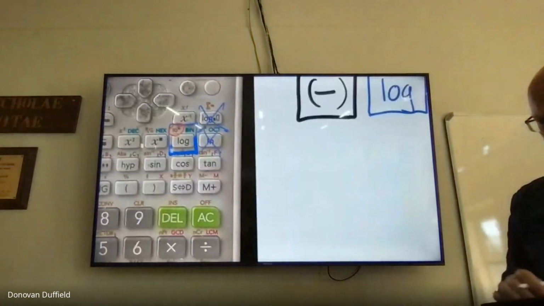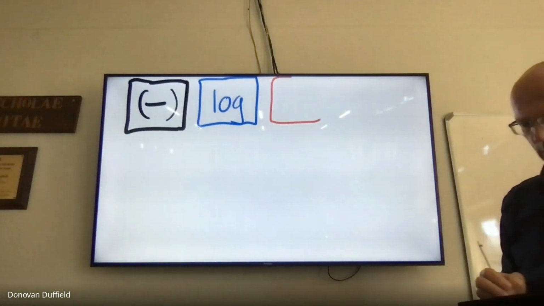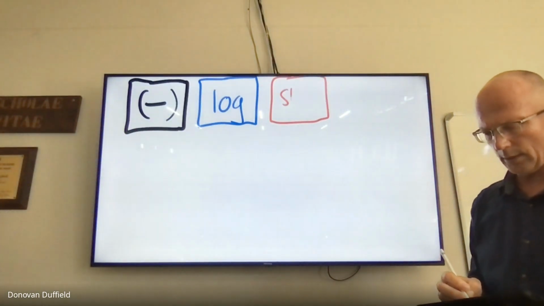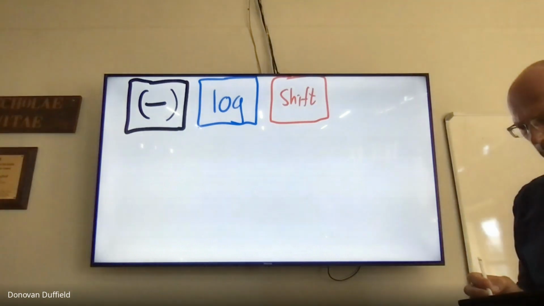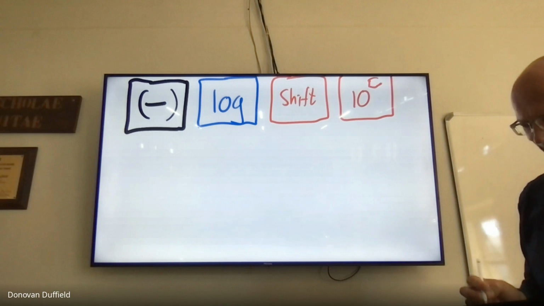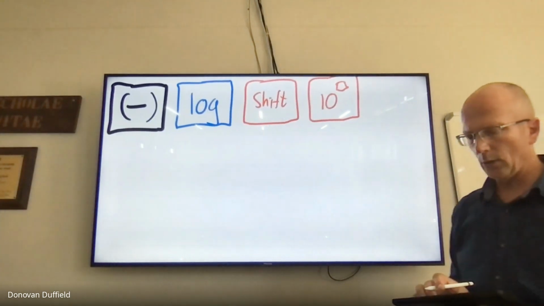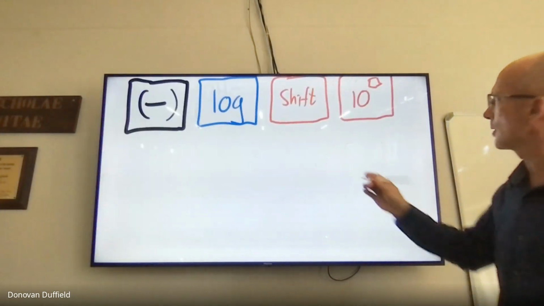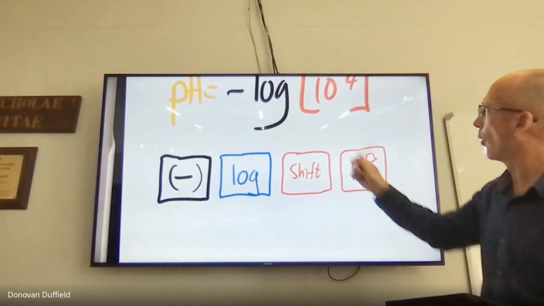I'm going to press shift. I think your calculator skills are normally quite good by this time. And we're going to press the 10 to the, and put in the negative 4.